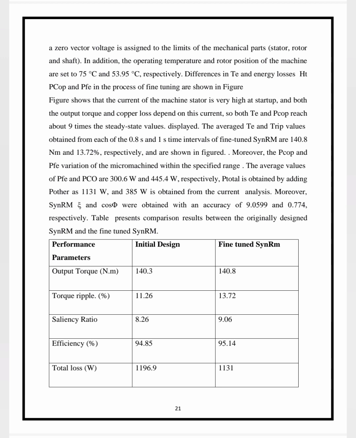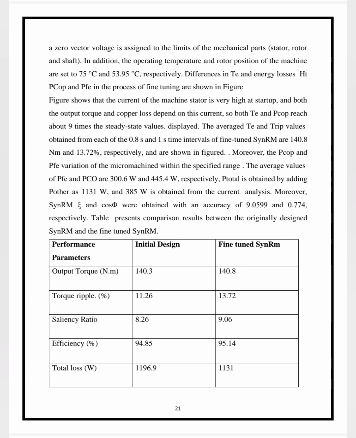P copper and P iron are the power losses of the copper and the iron, because these are the elements which have been used in the fabrication of CNRM. The figure shows that the current of the machine stator is very high at startup, and both the output torque and copper loss depend on this current. So both output torque and power loss of copper reach about 9 times the steady state values displayed.